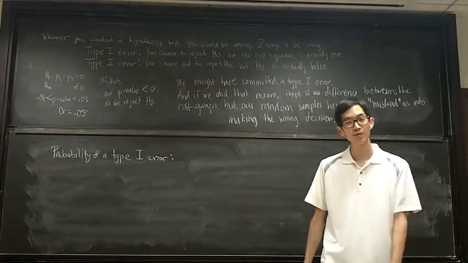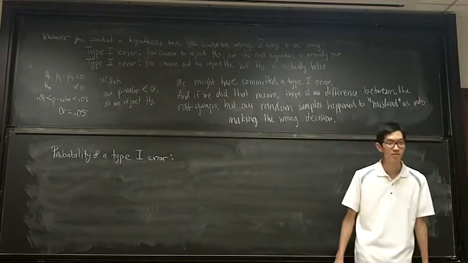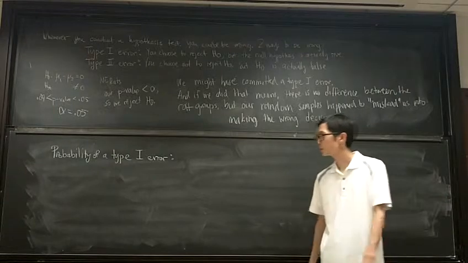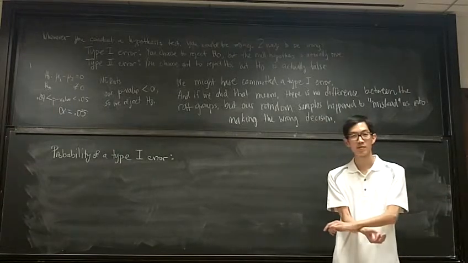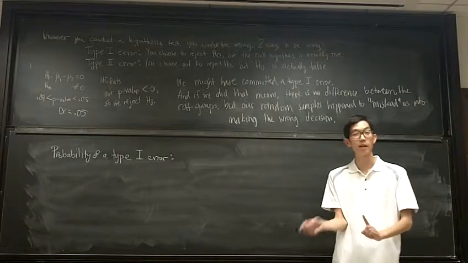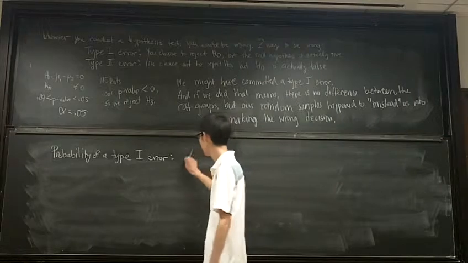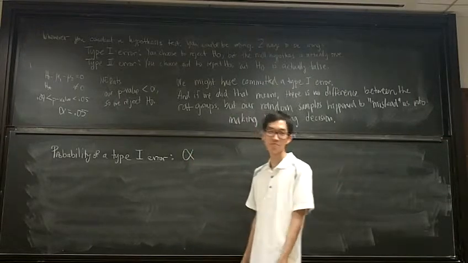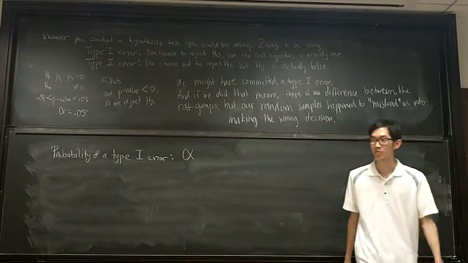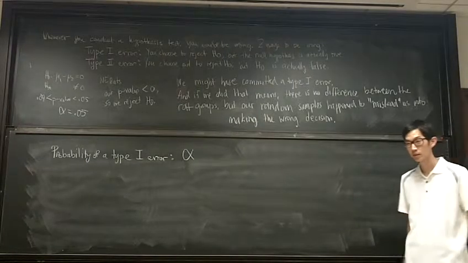Not the p-value, but your... How do you make your decisions? You compare your p-value to alpha. And the probability of committing a type 1 error is the alpha that you choose. That alpha you choose is the probability of committing a type 1 error.